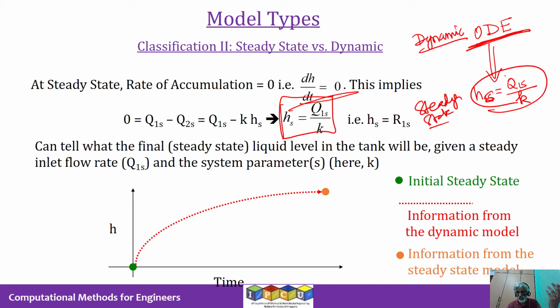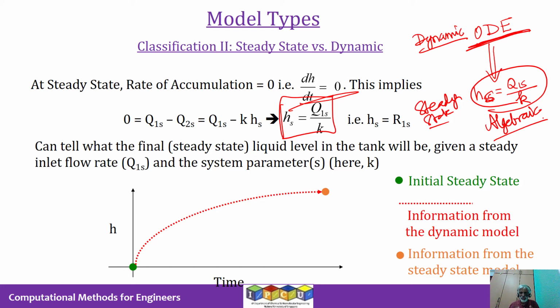In this particular case, in the dynamic state, the system behavior is described by that ordinary differential equation. In steady state, the model simplifies to an algebraic equation. So the models are quite simplified when you work with steady state.